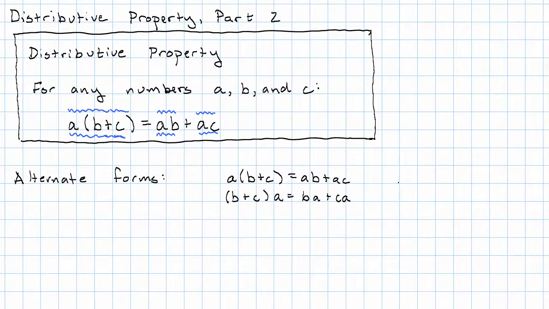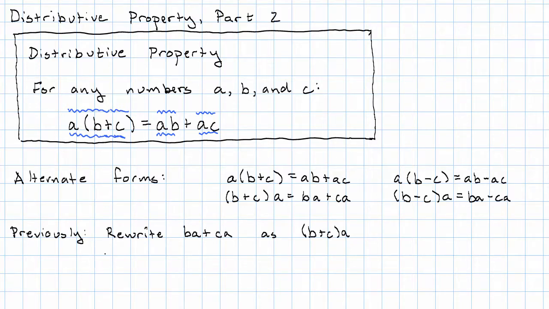Or, remember, subtraction is just addition in disguise, so we can also apply the distributive property in the case of subtraction. Previously, we've used the distributive property in combining like terms. So, for example, we've used the distributive property to rewrite 3x plus 2x as (3 plus 2)x, or just 5x.